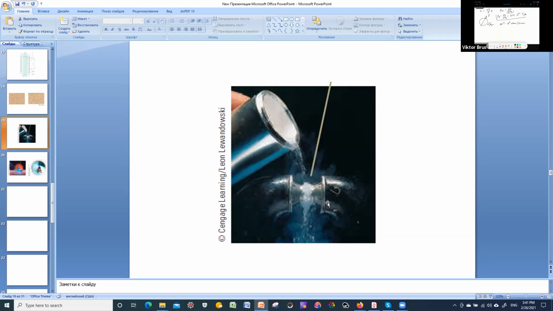First of all, I would like to highlight that all materials possess diamagnetism because it's a feature of interaction of moving electrons with an external magnetic field, like a change of magnetic field.